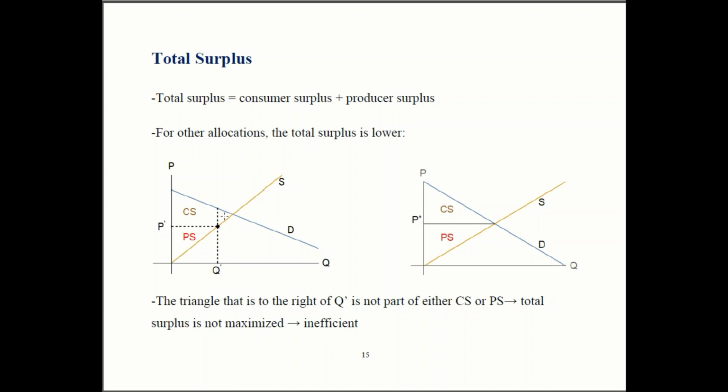Some books and articles will call social welfare this total surplus. So total surplus and social welfare are sometimes, but not always, used interchangeably. Some books, though, reserve a special meaning for social welfare that is distinct from total surplus. It does, however, measure society's overall well-being.